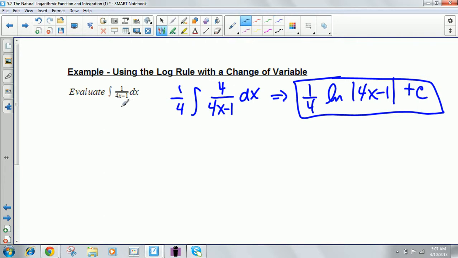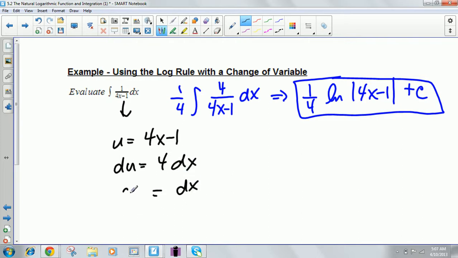Another way you could look at this is to just use U-substitution. If we use U-substitution, u is the 4x minus 1, du is equal to 4 dx, and so dx is equal to du over 4.